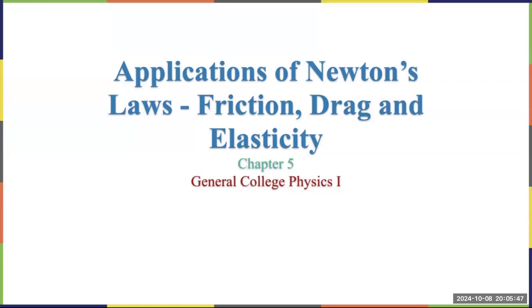Now, in those conditions, there was no friction force, so there was no opposing force and no drag. So what does drag mean? What does friction mean? Friction is when two objects are rubbing each other, and the force parallel to the surface in contact is known as friction.